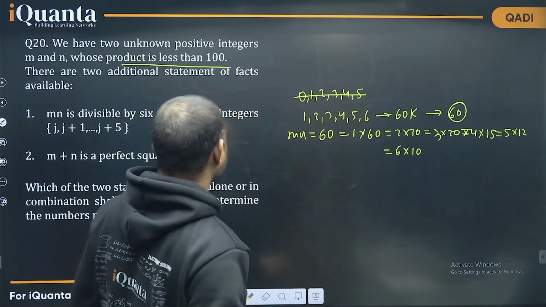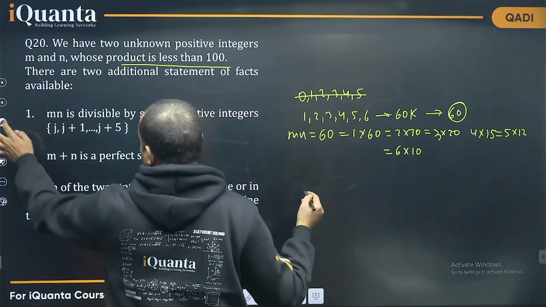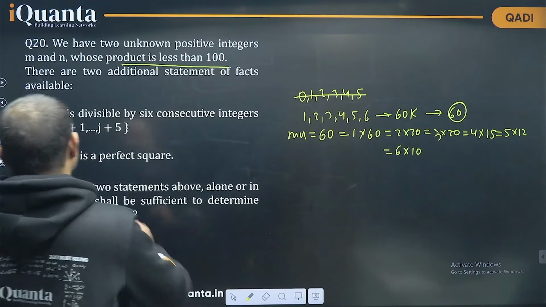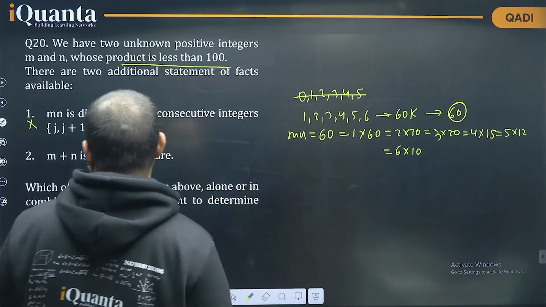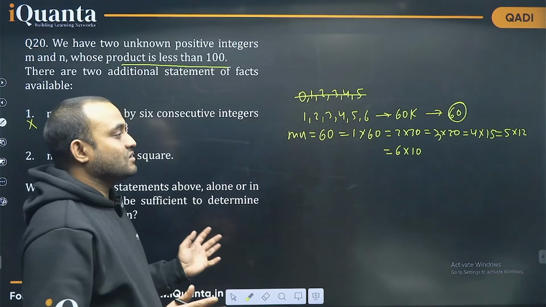These are the ways that we can write 60 as a product of two integers. So there are multiple possibilities. Statement 1 is not sufficient to find the values of m and n. If we check statement 2, m plus n is a perfect square. There are lots of numbers.